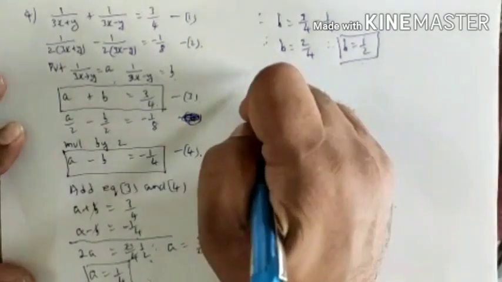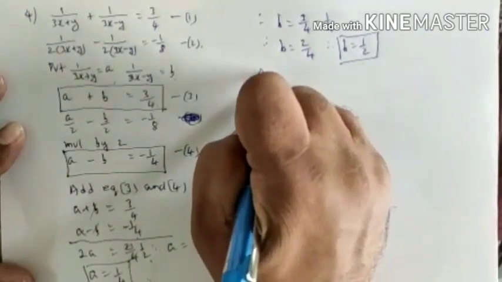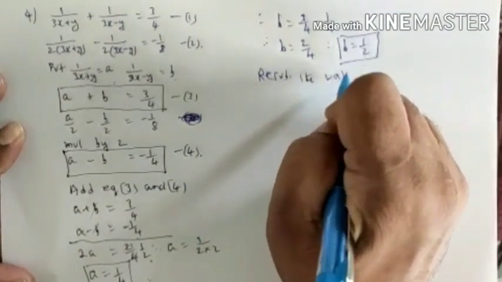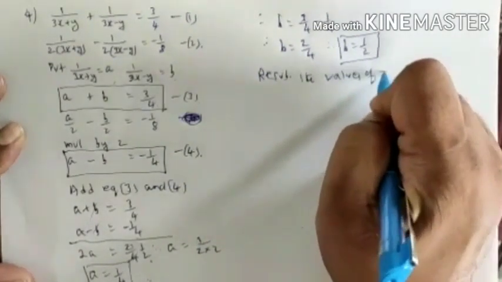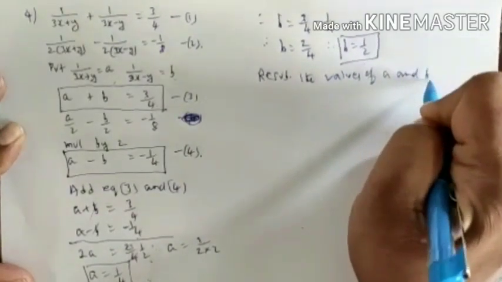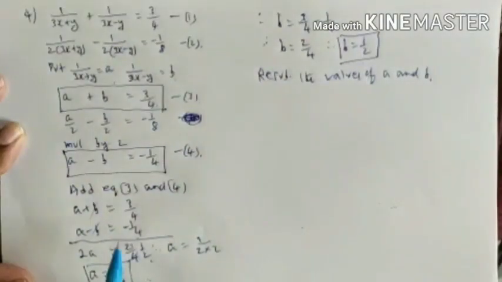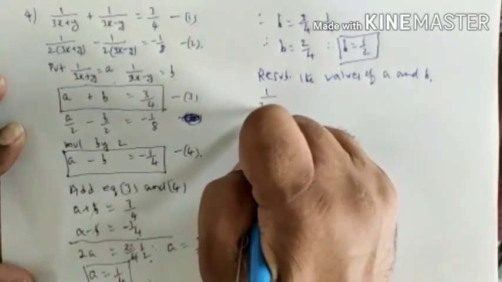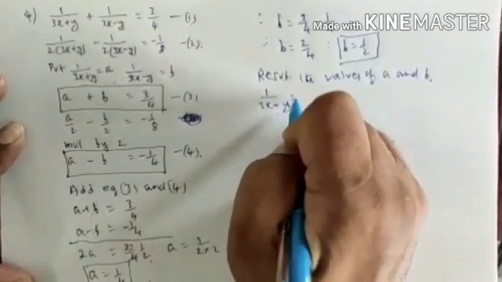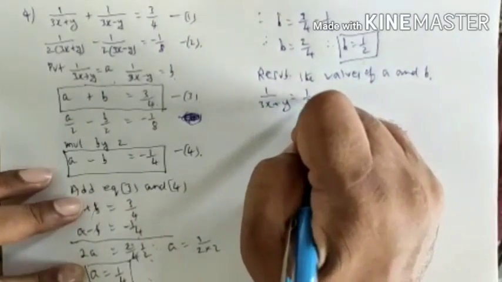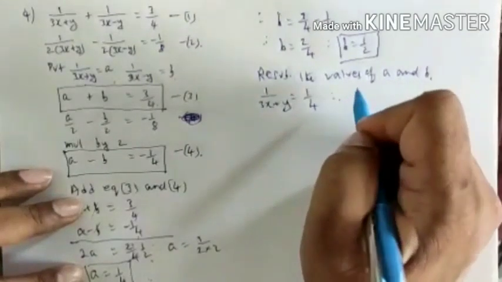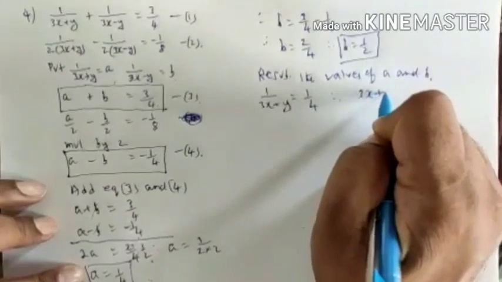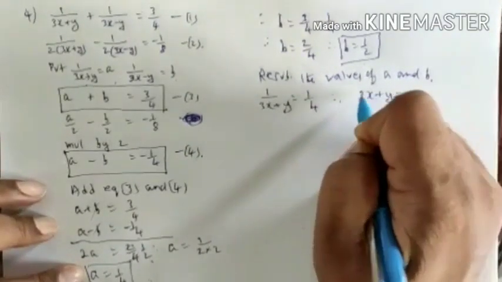Now resubstitute the values of a and b. See, a is 1 upon 4 and the value of a is 1 upon 3x plus y. So what we get here? 1 upon 3x plus y is equal to 1 upon 4. Therefore, on invertendo what we get? 3x plus y is equal to 4.